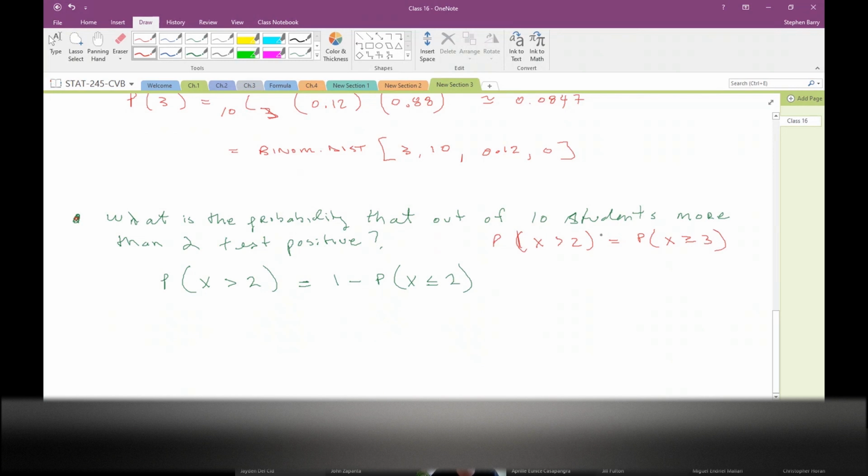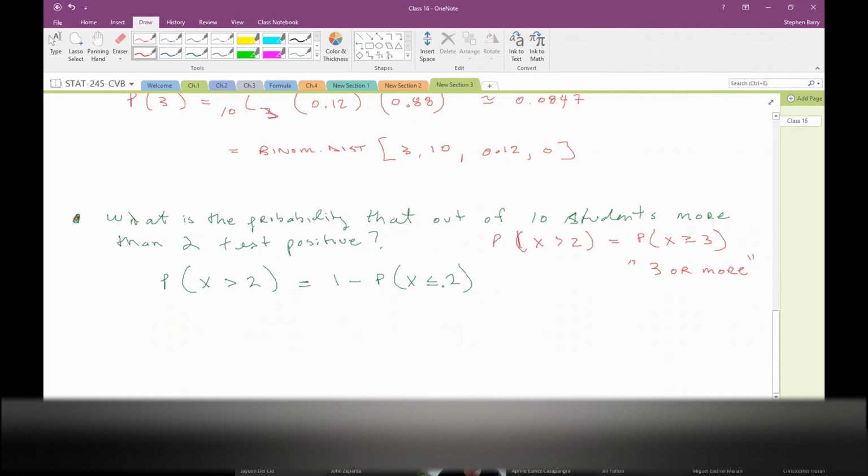If it's more than 2, that means it's 3 or more. And the more questions you do, the better you are at deciphering these things. But when you're first learning this stuff, it's confusing.